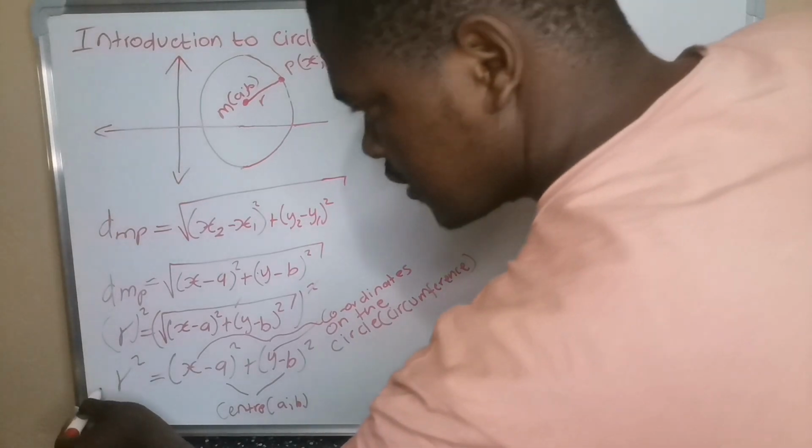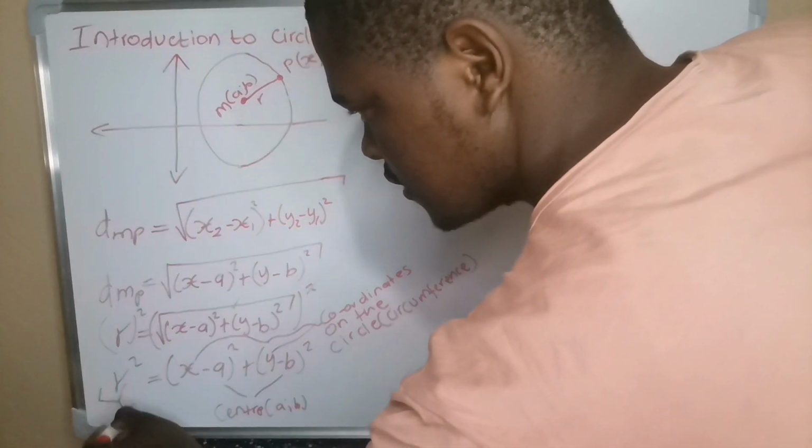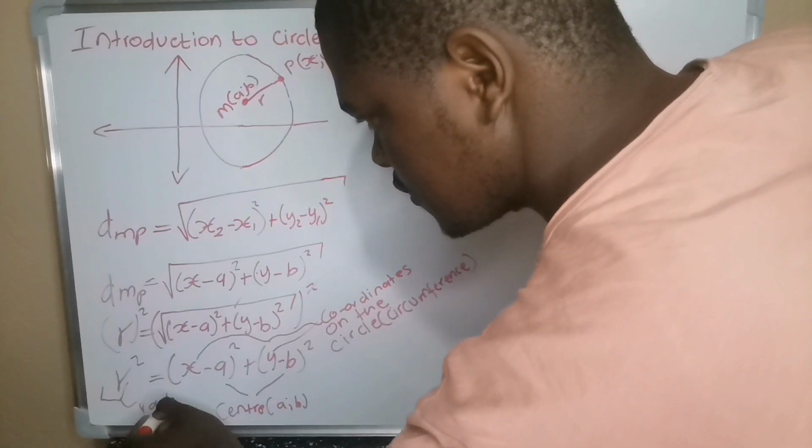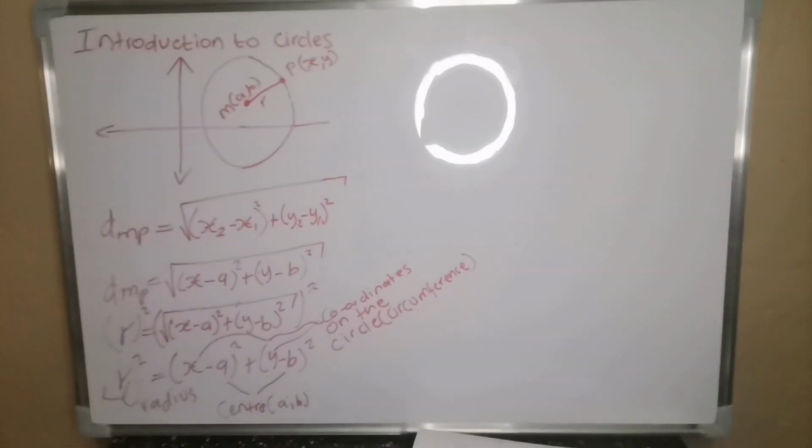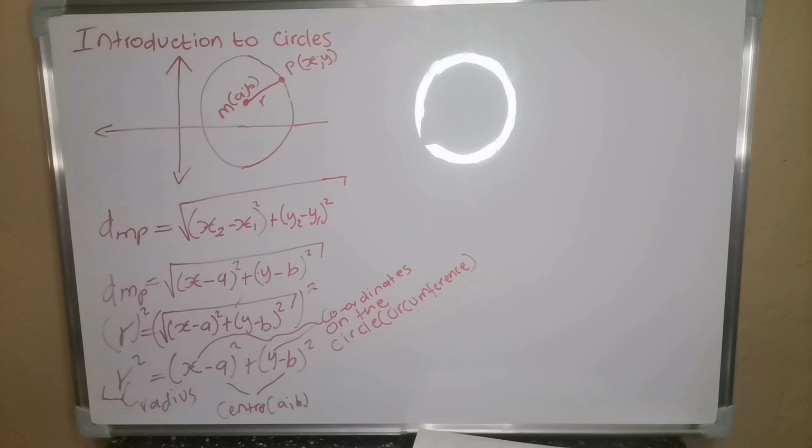Then our r is our radius of the circle. That's how they are labeled. I hope you understand what's happening here, guys.